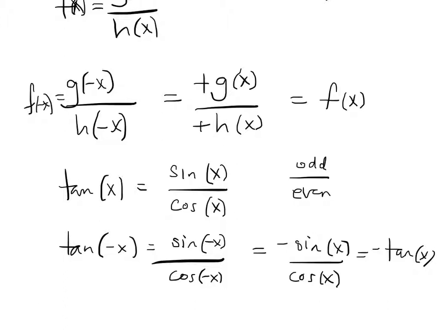And all I really did, there's nothing special about the letters sine or cosine, all I really did was use oddness of the numerator and evenness of the denominator. Okay. But if you're just careful about plugging in the negative x and seeing what you get, then that's that with even and odd.